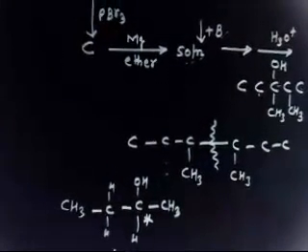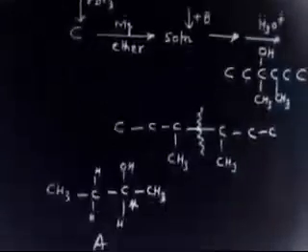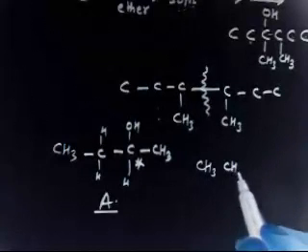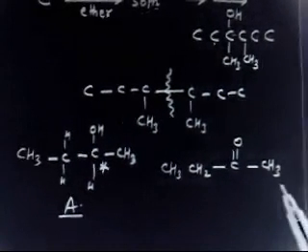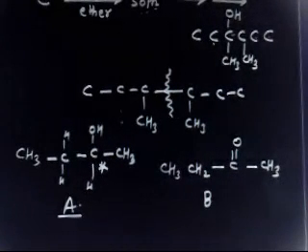If I do oxidation, you will get B, a ketone. Oxidation of this gives CH3CH2, C double bond O, CH3. So the structure of B is very clear.